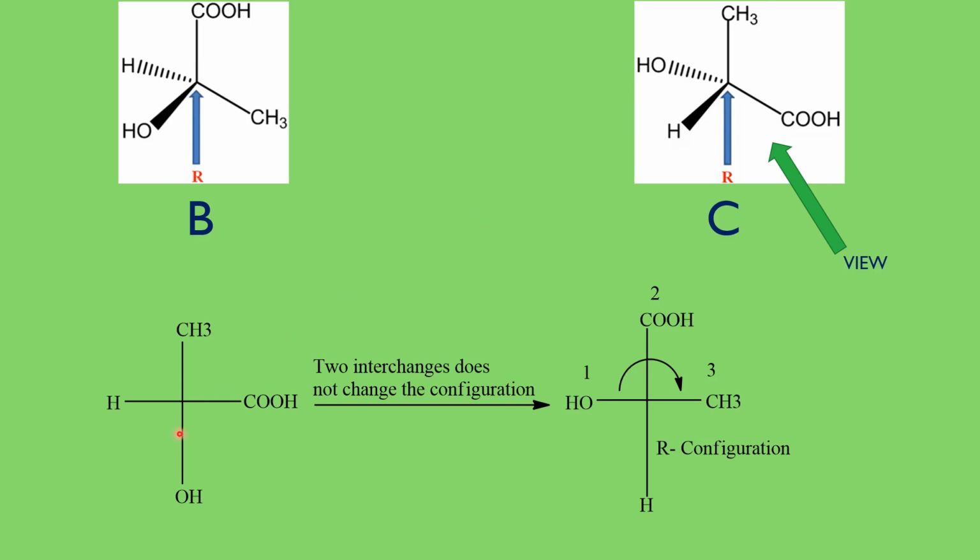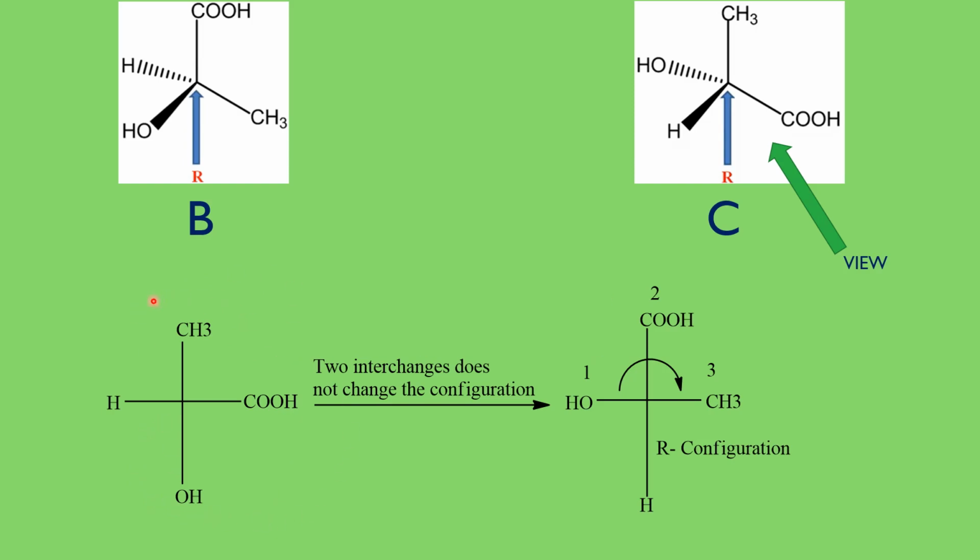After assigning the Fischer projection, you apply the sequence rules. Assign priority numbers for the four groups which are connected to the chiral carbon. Based on the sequence rules, if you assign priority numbers, OH will get 1, COOH will get 2, methyl will get number 3. Now, if you read the numbers from 1 to 3, you are traveling in the anti-clockwise direction.